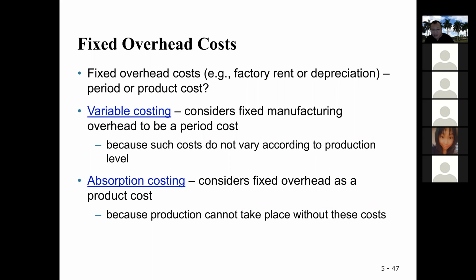Under absorption costing, the fixed overhead is considered a product cost because you need the factory for the production. Without the factory rent, you are not able to produce. So depending on the costing system, if you use absorption costing, fixed overhead is a product cost; if you use variable costing, it's a period cost.